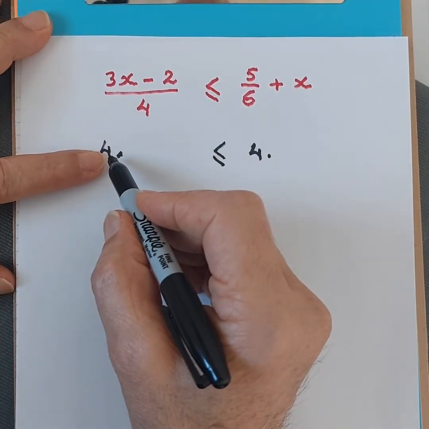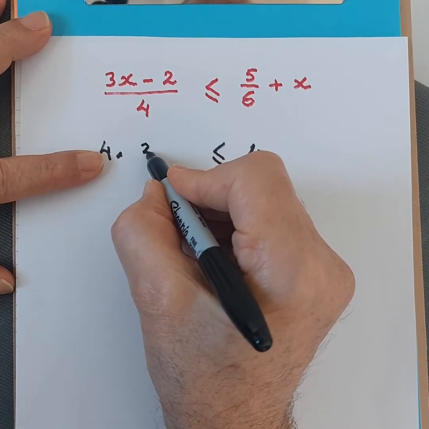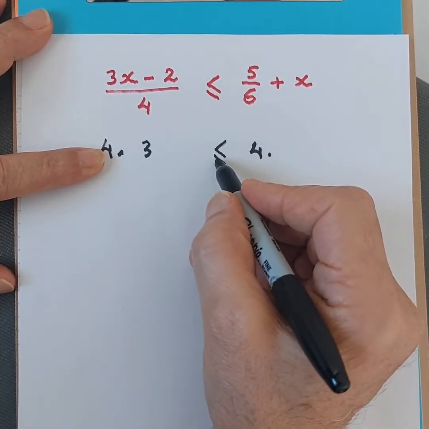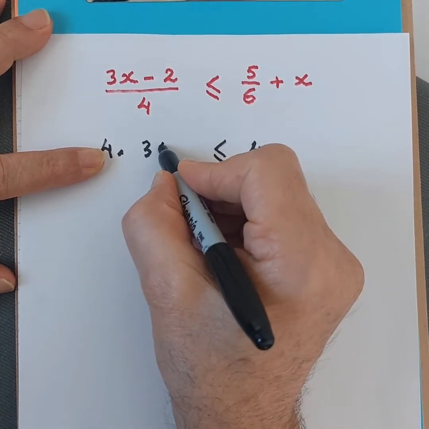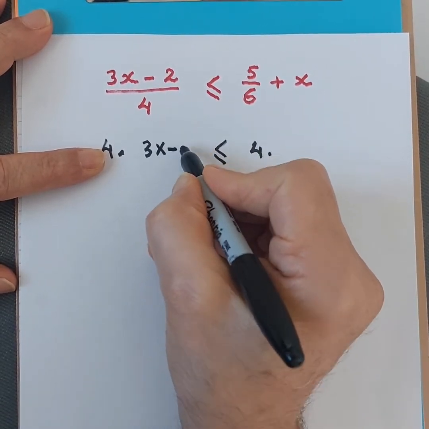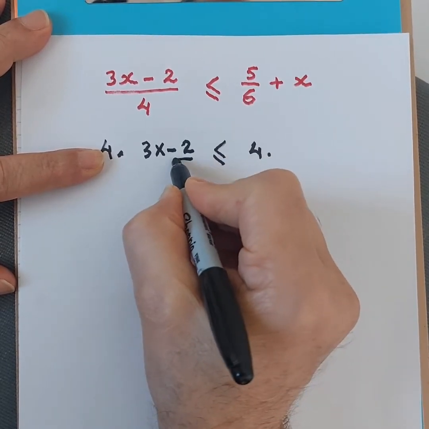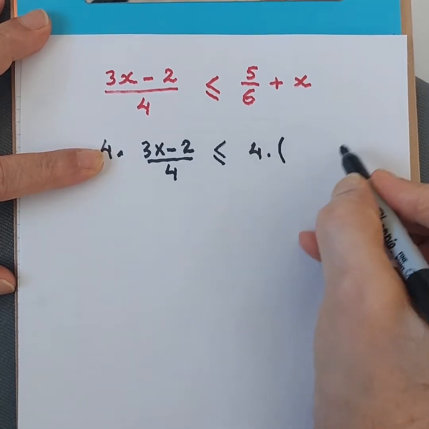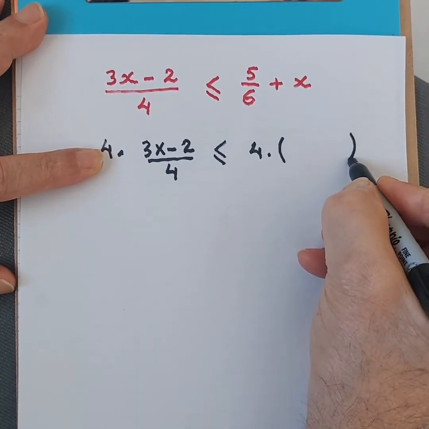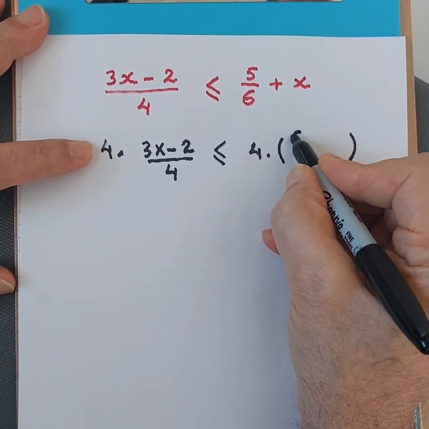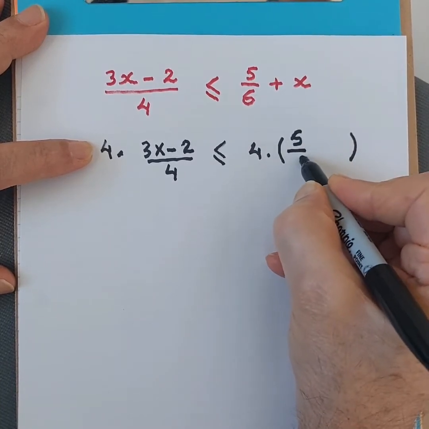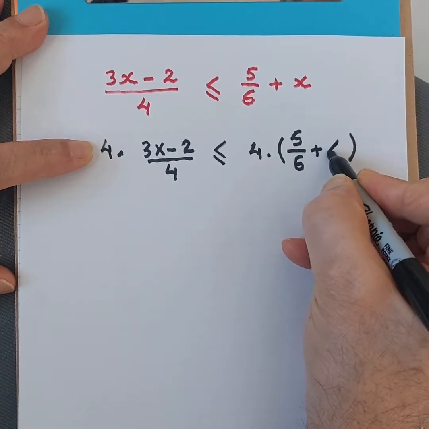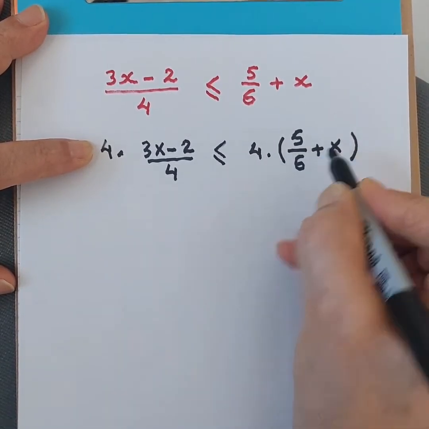So multiply by 4, this is still the same, less than or equal. So I write here this side and the other side, which has 2 terms, so I will put brackets and write the two terms inside the brackets. To mean, I will multiply the number 4 by each of them.